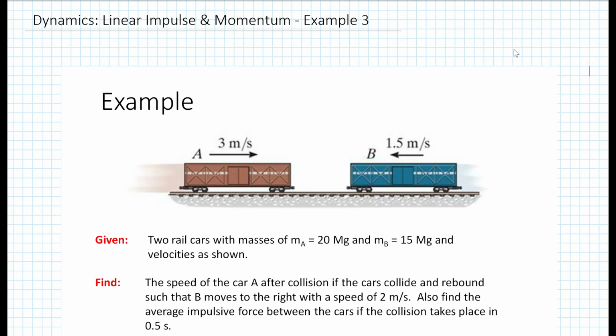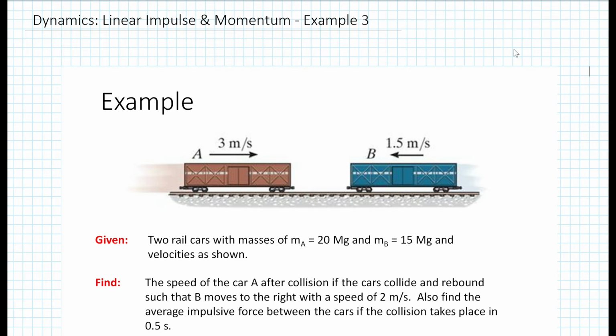In example 3, we're given two rail cars with masses m sub A of 20 and m sub B of 15, and velocities shown. We're asked to find the speed of car A after the collision if the cars collide and rebound such that B moves to the right with a speed of 2 meters per second.